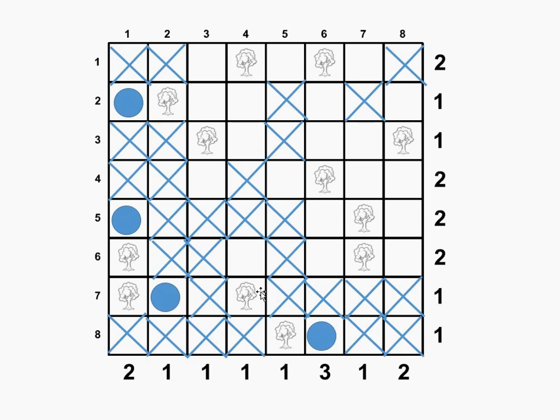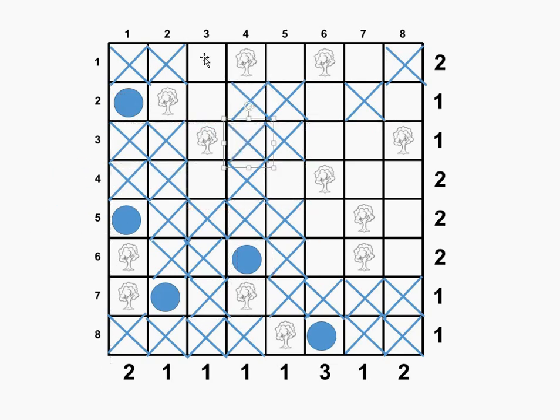If there is a condition for the tree to have a tent, here has to be a tent, because every tree has to have one tent. The condition for column number 4 is one tent, and here have to be the empty cells, here and here.